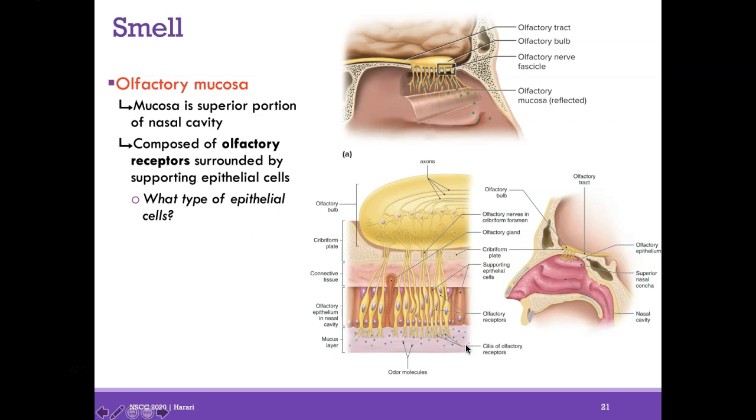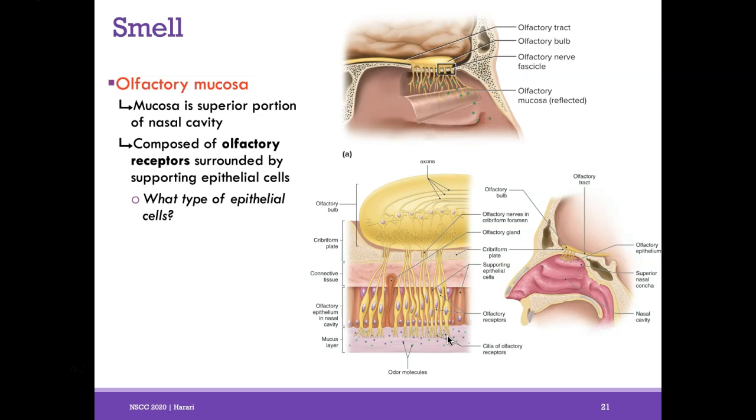And of course, we have a mucus layer that helps trap any pathogens, but it's also responsible for making the odorants soluble. So it's important to make all the odorants soluble through the mucus so they can be detected by these cilia. Same idea as saliva in the tongue. You need saliva to help make the taste molecules soluble because otherwise you wouldn't be able to detect that.